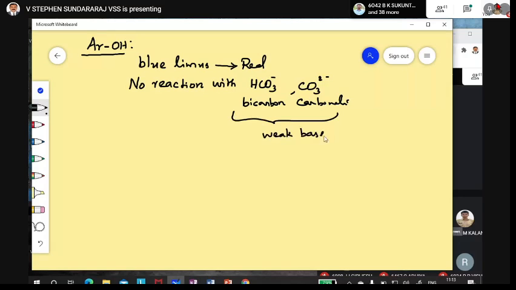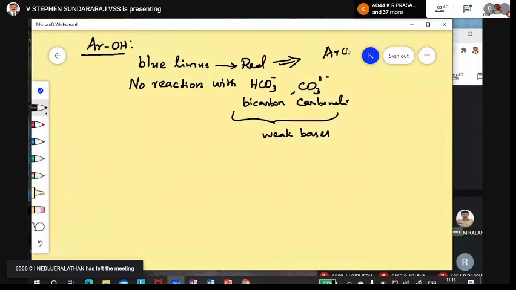And this shows that blue litmus is converted into red. Definitely, this first point supports that ArOH is a stronger acid than ROH, because ROH could not do that, and phenol is doing that. Phenol turns blue litmus into red. That means phenol is stronger than that. And that is one physical criterion.